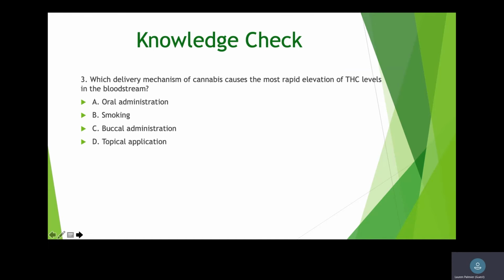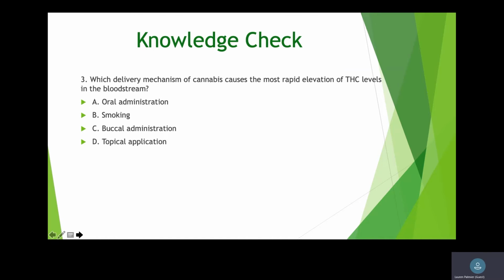Another knowledge check. Which delivery mechanism of cannabis causes the most rapid elevation of THC levels in the bloodstream? If you said B, smoking, you would be correct. Because smoking cannabis bypasses the metabolism and enters directly into the bloodstream, this route of administration causes the most rapid elevation of THC levels.